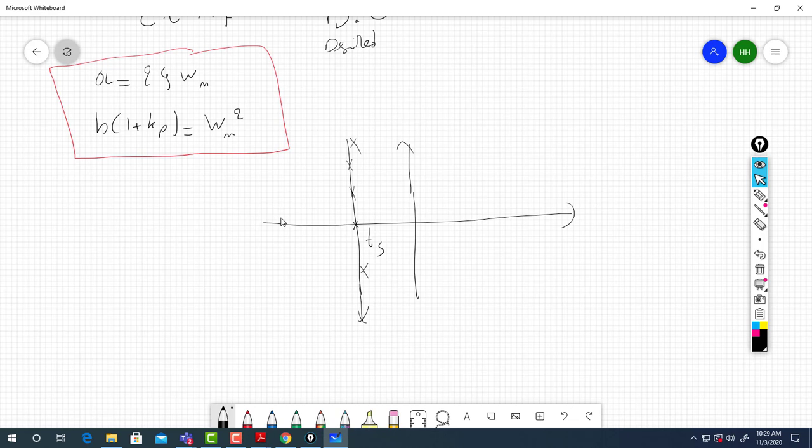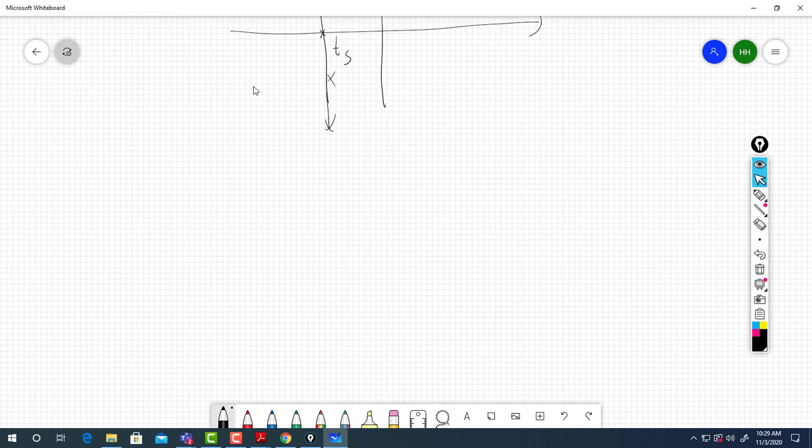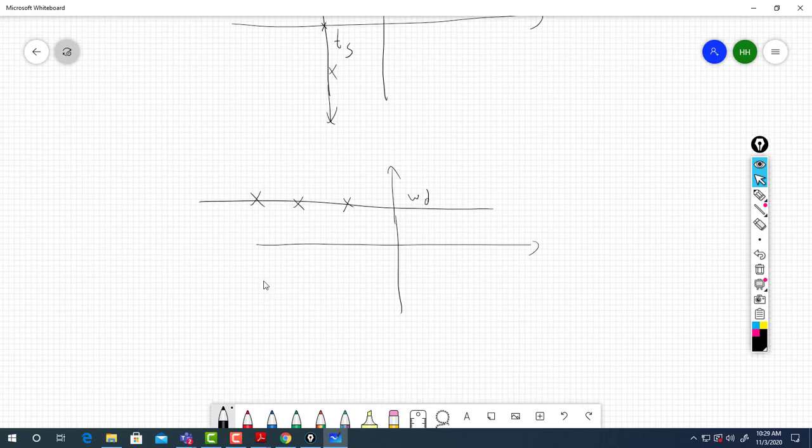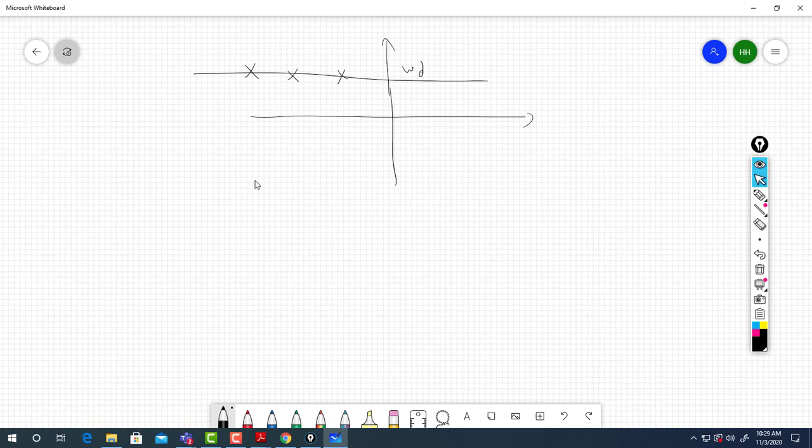Now omega d: if any poles are here, they all have the same omega d, the same damped frequency. Same peak time. Very nice. You have the same peak time.